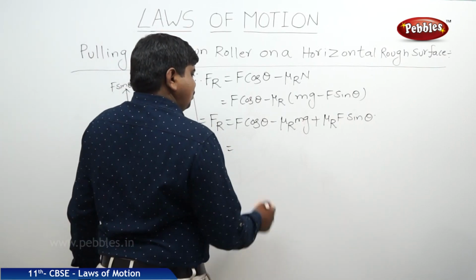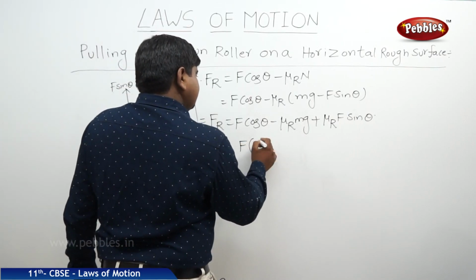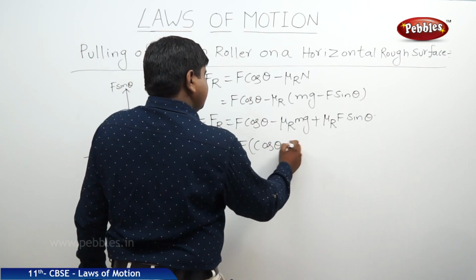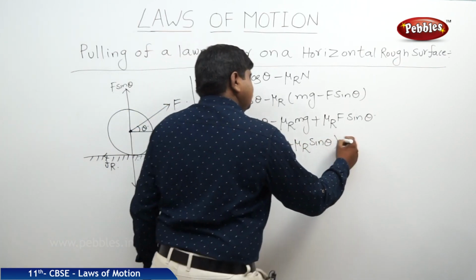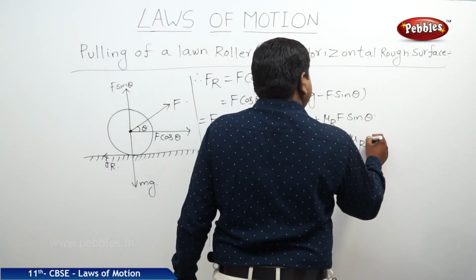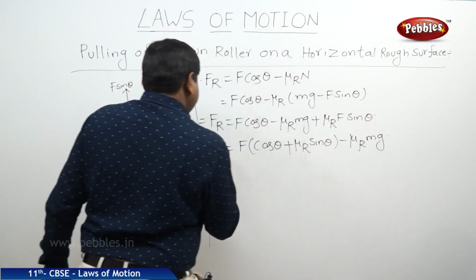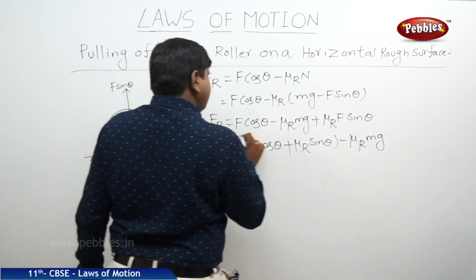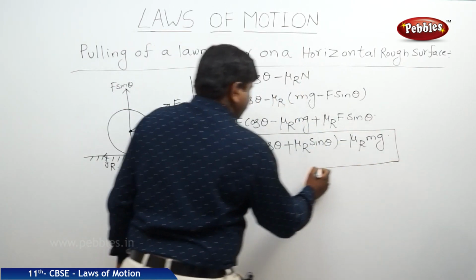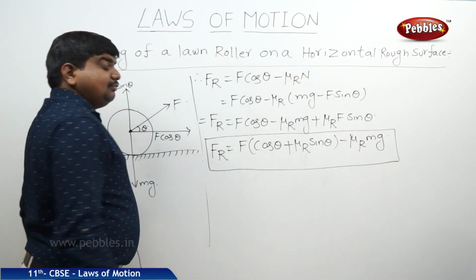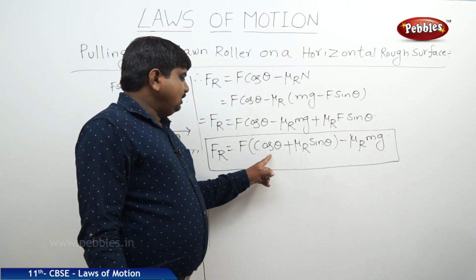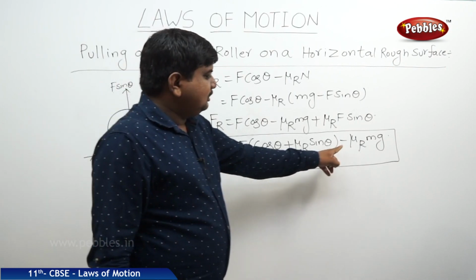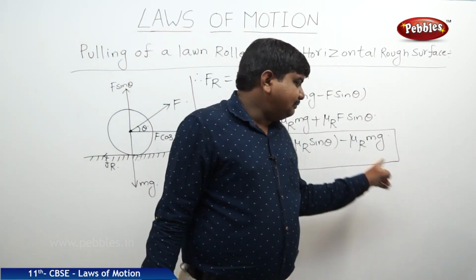If we take F as common, F is equal to cos theta plus mu r sin theta minus mu r mg. This is the resultant force needed to pull the land roller on a rough horizontal surface, where F is the applied force, and mg is the normal reaction force.